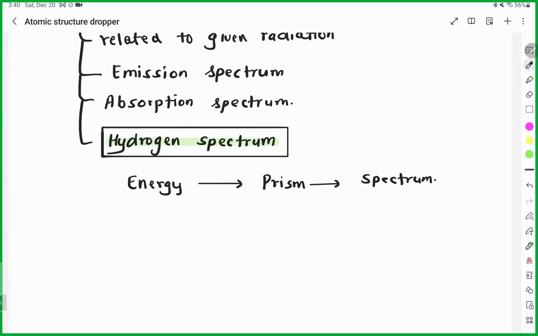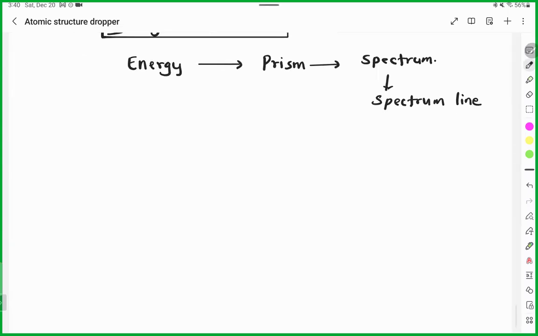So what kind of line you will see in the spectrum is known as spectral line. So what is a spectral line? Line formed in a spectrum. And these lines can belong to different types of series.